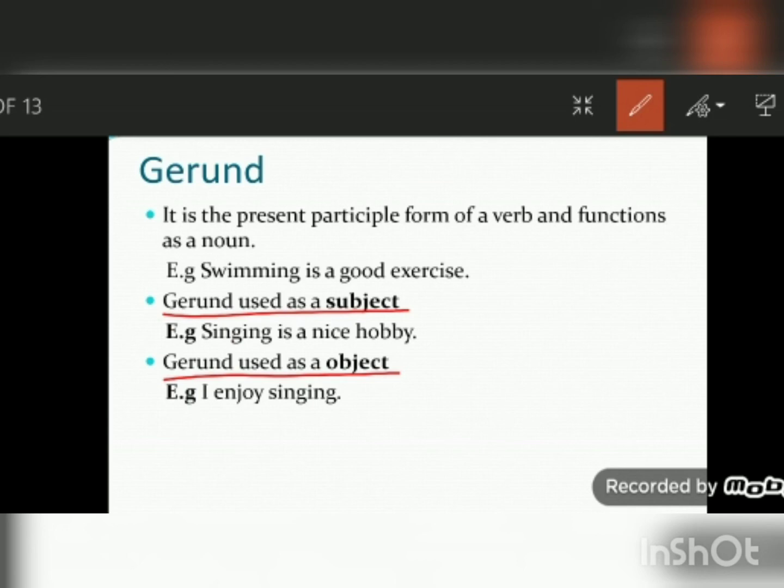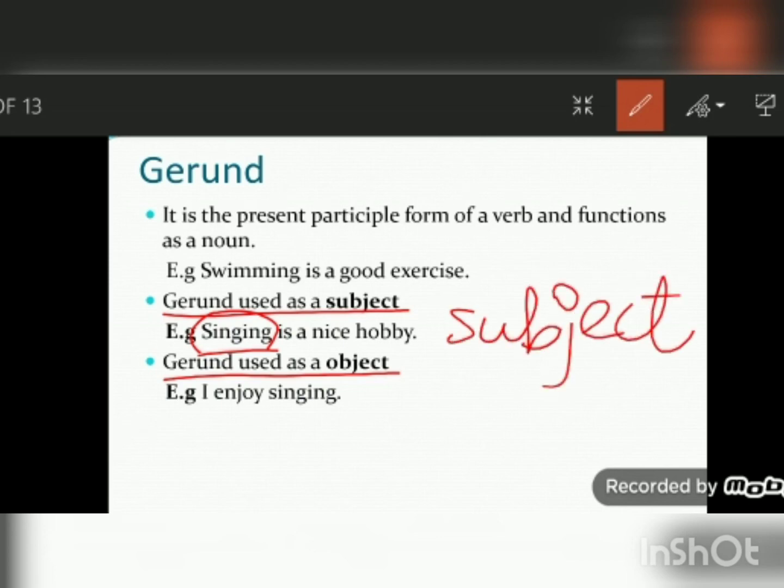For example, if you see that, singing is a nice hobby. Here singing is used as subject in a sentence. How is it used as an object in a sentence?